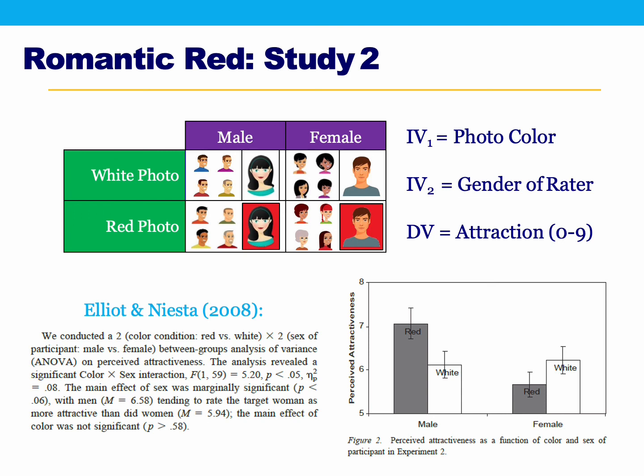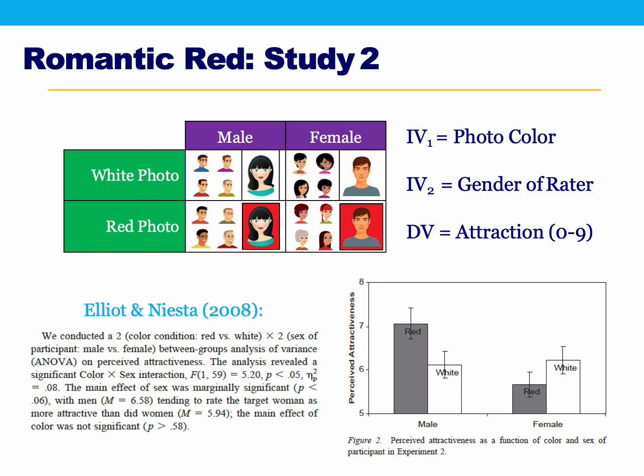Okay? So another way of saying that in the current study is to say that we are wondering if the effect of photo color depends upon the sex of the person rating the photo, right?